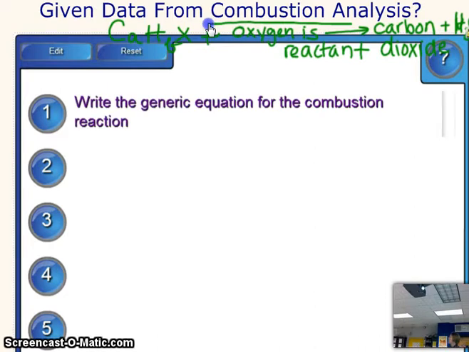So first thing you're going to do is write a generic equation for the combustion reaction. You won't be able to balance it because you don't know the subscripts of your hydrocarbon. So it's a generic reaction. So it will be something like C_aH_b. That would be if it's just a hydrocarbon. If it contains some other element, then you would include your other element.